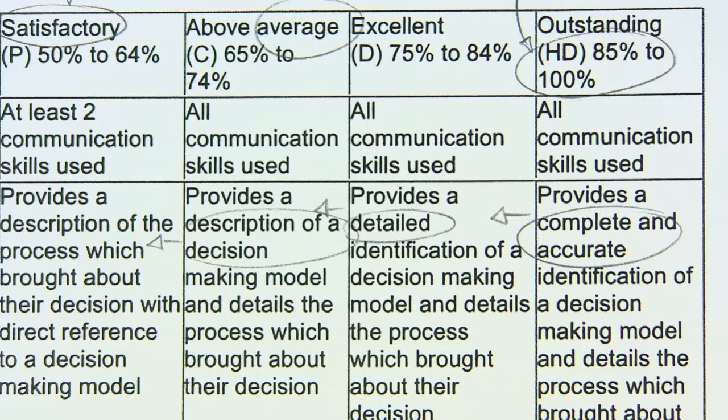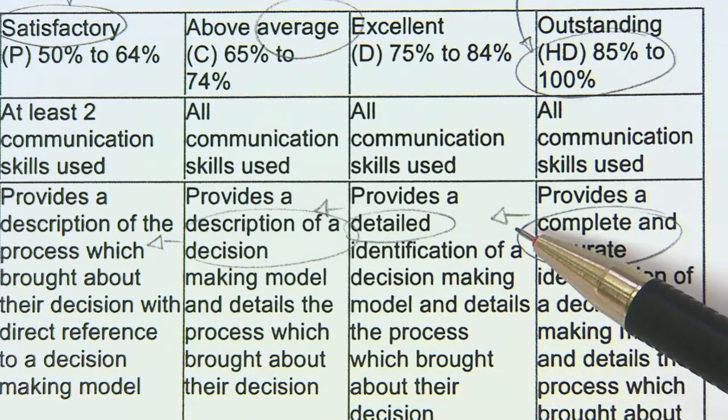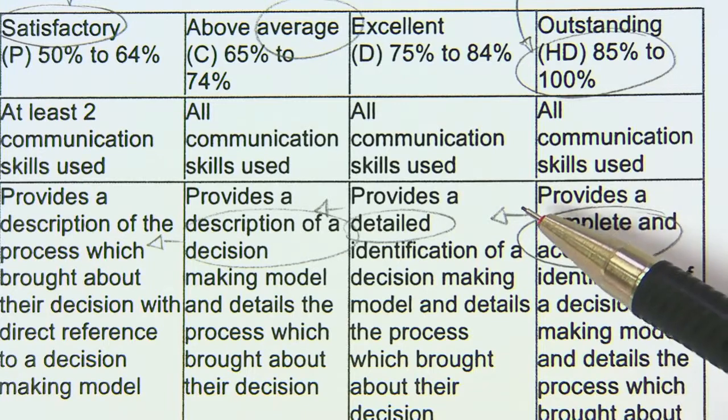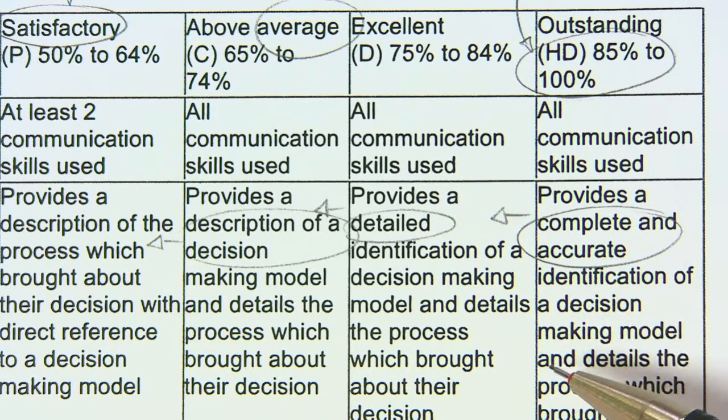Okay. In looking at this particular rubric, we see in the excellent area here that the student has provided a detailed identification of a decision-making model and details the process which brought about their decision. This descriptor does not tell the student why they have not reached an HD standard.